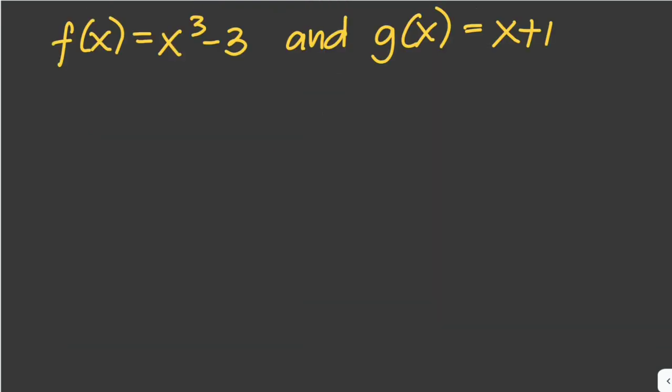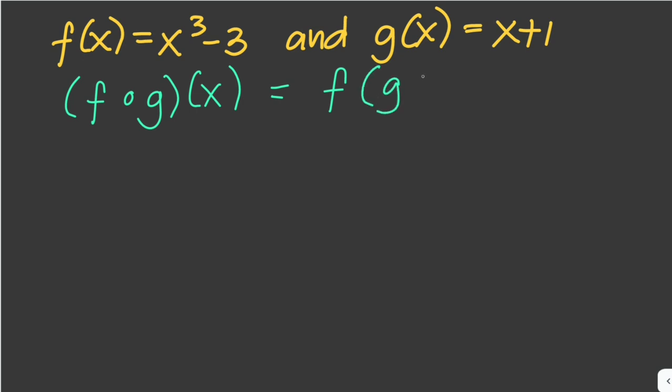Alright, what if we're given two functions f of x and g of x, where f of x is equal to x cubed minus 3 and g of x is equal to x plus 1, and then we find f of g of x. So this is just f as a function of g of x.